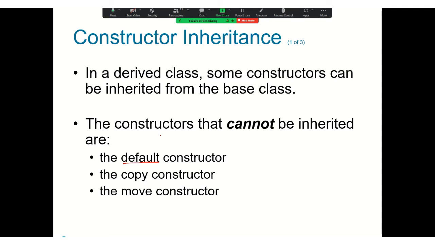If you don't define any constructor at all, C++ will give you a default constructor, which cannot be inherited. The copy constructors cannot be inherited, and the move constructors cannot be inherited either when you go through constructor inheritance.